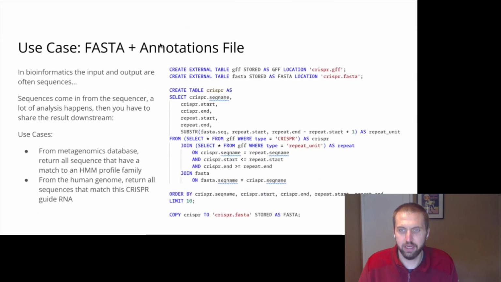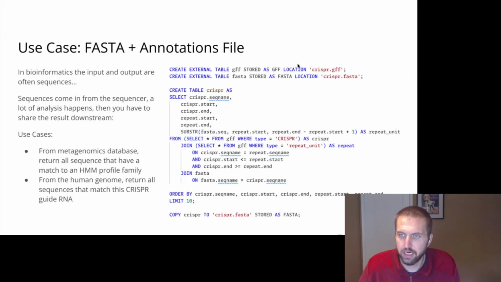Once you have that, you can start doing really cool analysis. This is a real use case, where we are using that FASTA table in conjunction with a GFF file. We have a GFF, which is CRISPR. People have probably heard of CRISPR and Cas9.